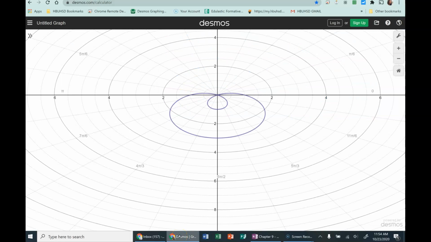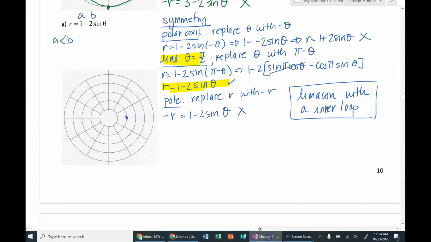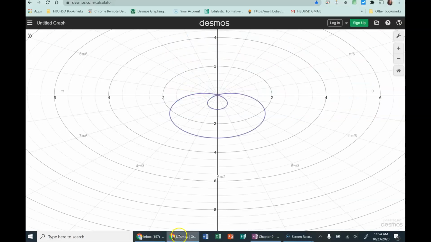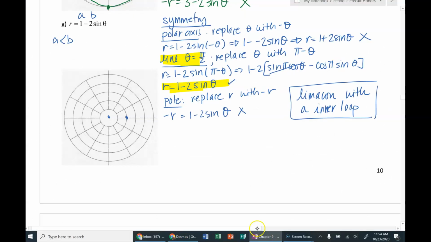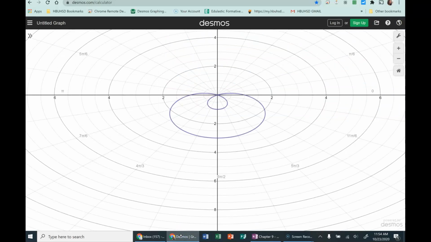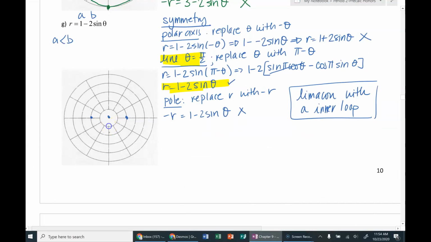Then I got pi over 2 is 0, so plot that. Then what's next? Pi is 2 units, so go back to my graph, just like that. Then what else? 3 pi over 2, 3 units: 1, 2, 3.